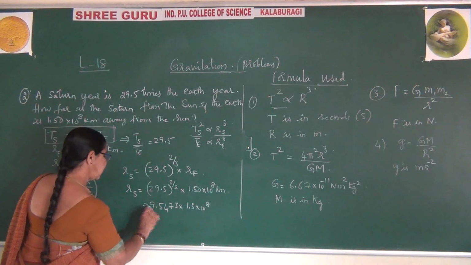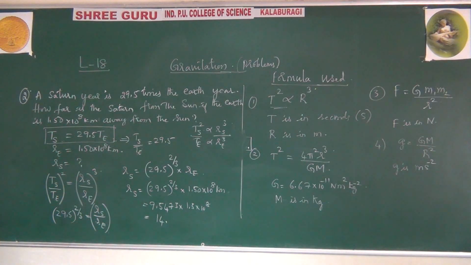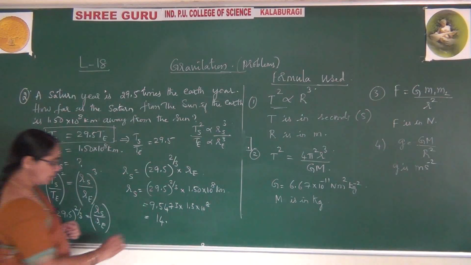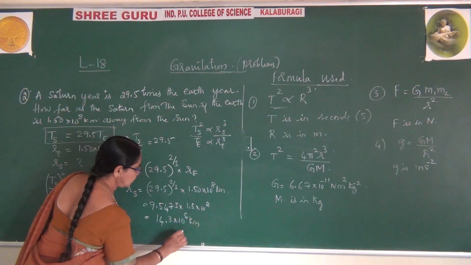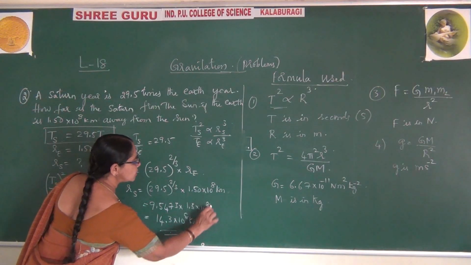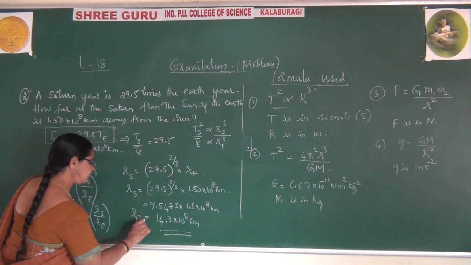Then if you multiply this, you get 14.3 into 10 raised to 8 kilometer. So you can write this as kilometer. Just multiply, you get this answer.